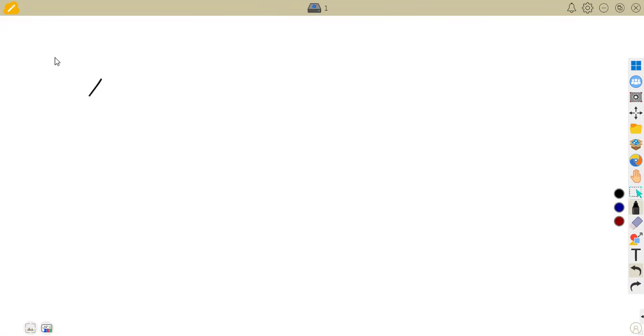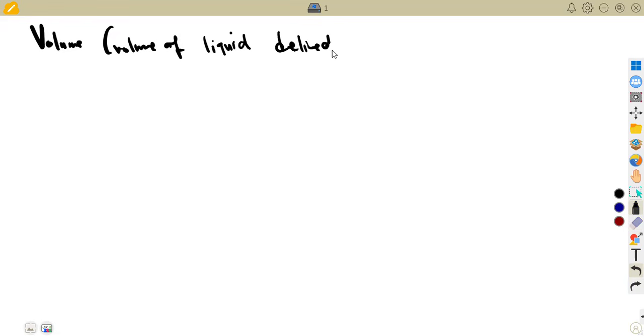We talked about the volume, so we can calculate the volume. So this will be the volume of liquid delivered per stroke.